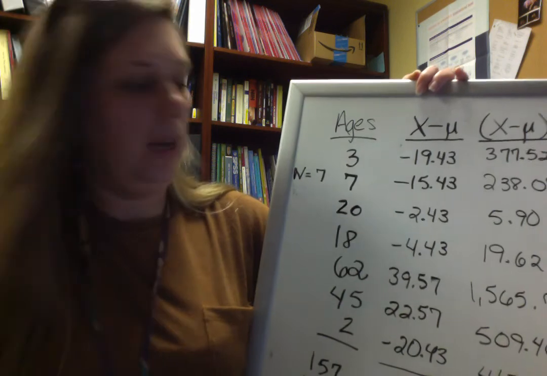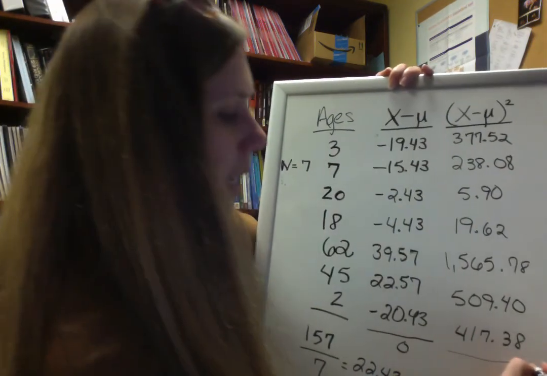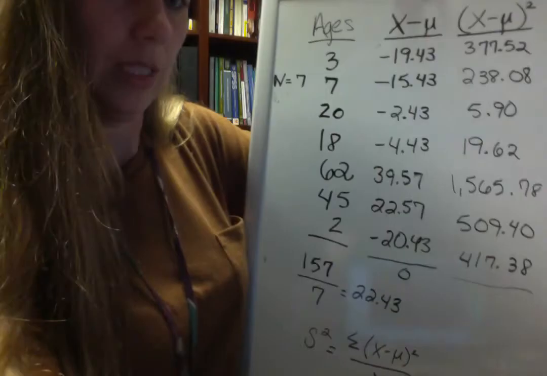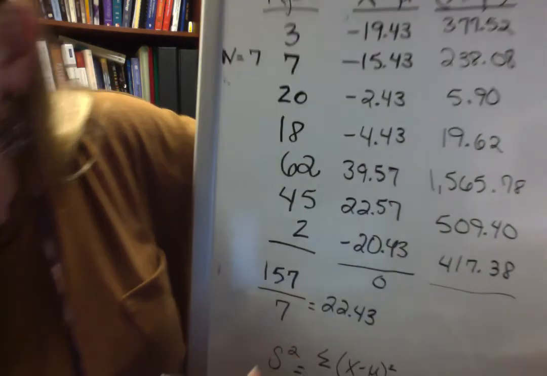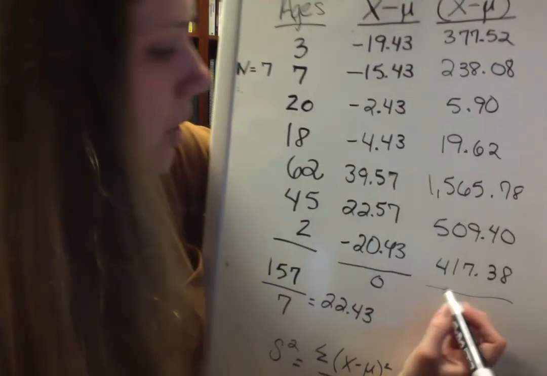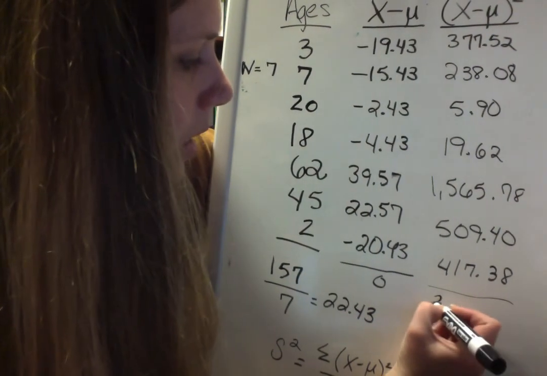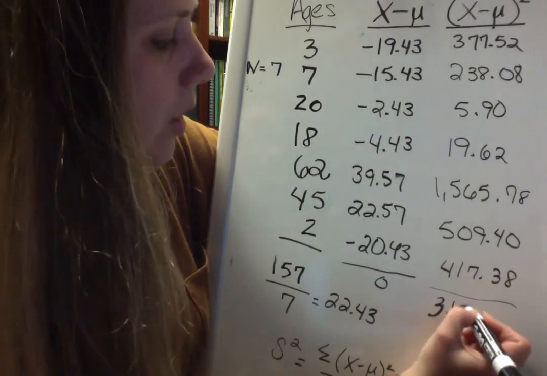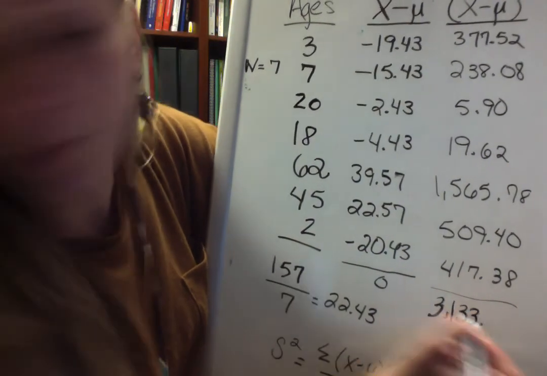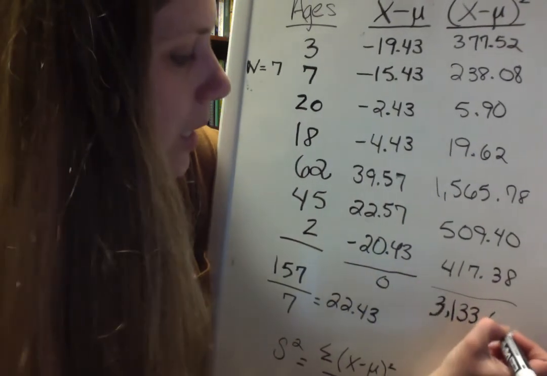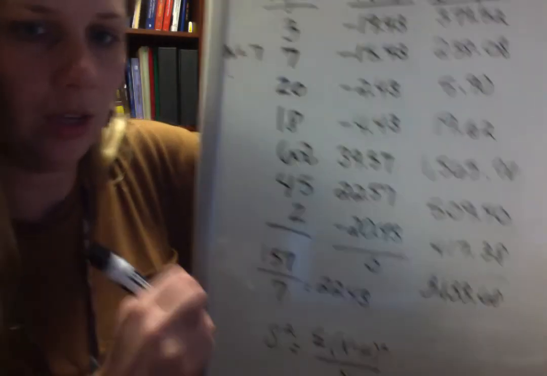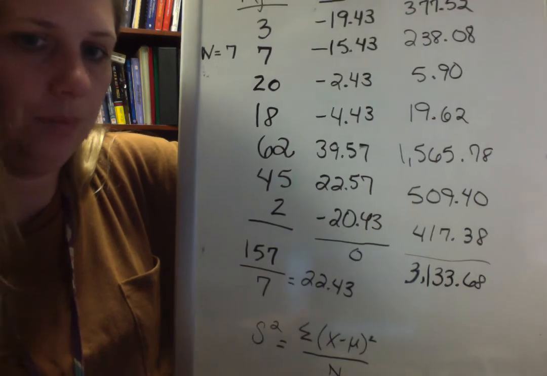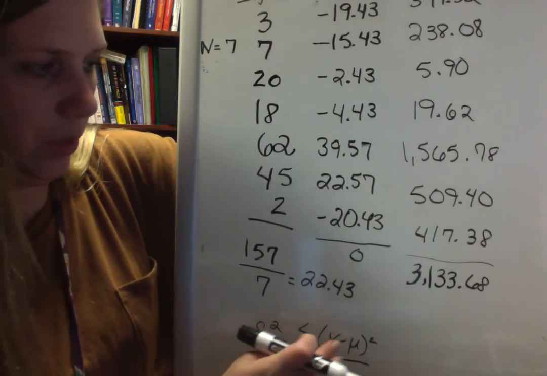Okay, so it's a big one. So the sums of squares. So when we add it all together, we get 3,133.68. Okay, so that gives us our beautiful sums of squares right here.